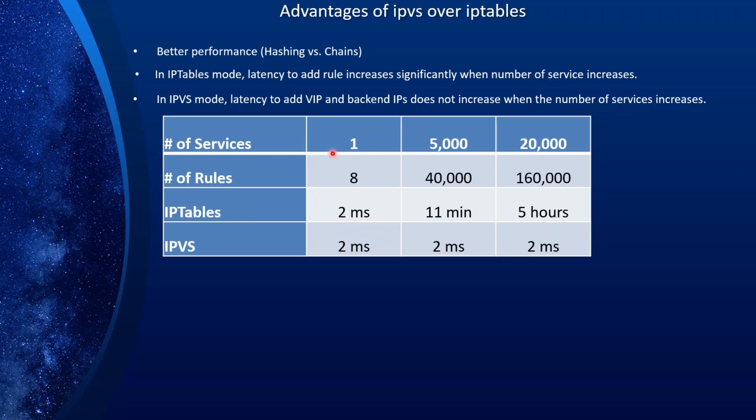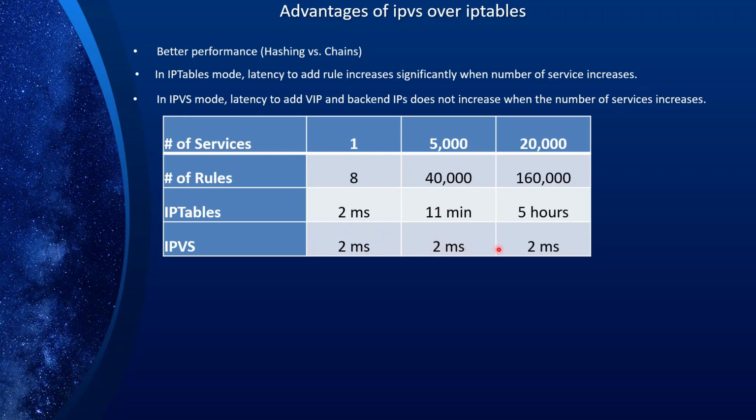In the scenario where the number of services is 1 and the number of rules is 8, the performance is pretty comparable because they're very small. However, when we get to 5,000 services and 40,000 rules, it took 11 minutes for iptables and only 2 milliseconds for ipvs.